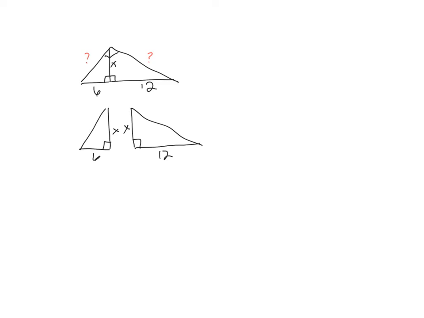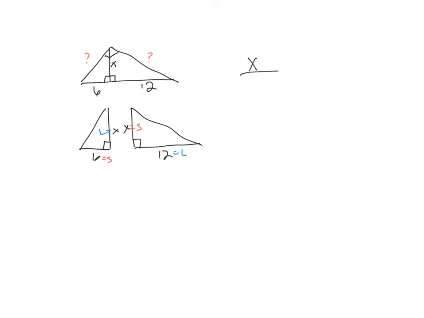And the same thing happens where the 6 over here is the short side, but on the other triangle, this X is the short side. And on this one, the 12 is the long side, and on this one, the X is the long side. So there's two X's there, but on one triangle it's the long side and one it's the short side.